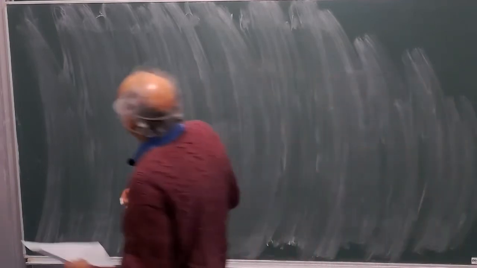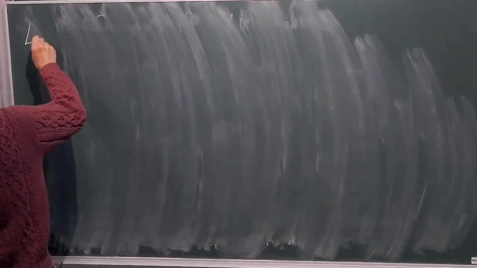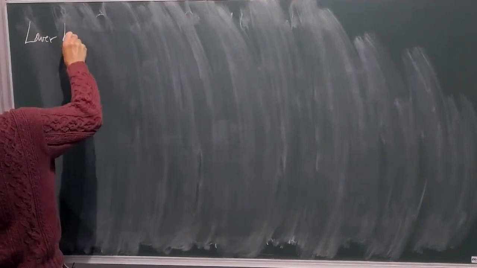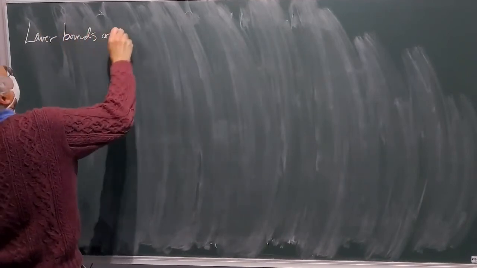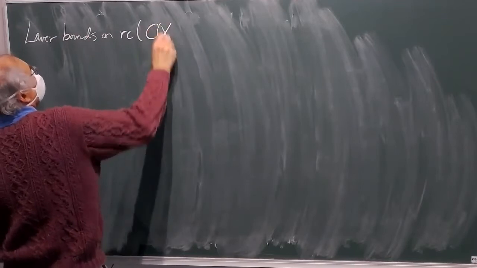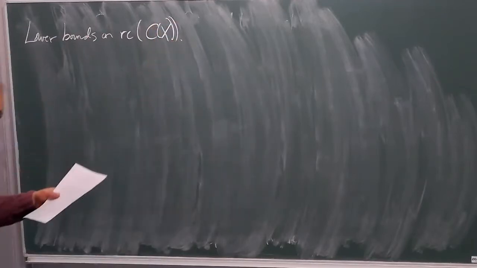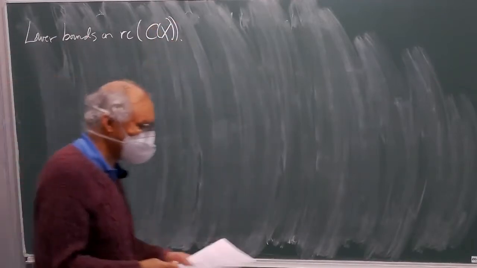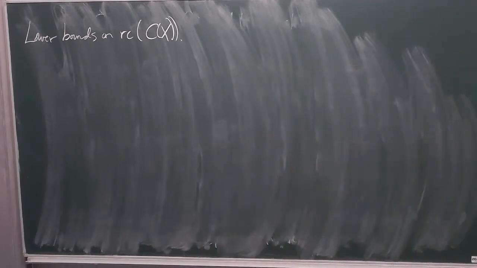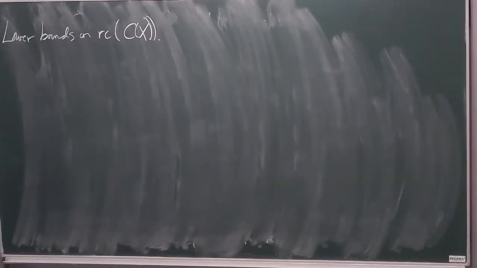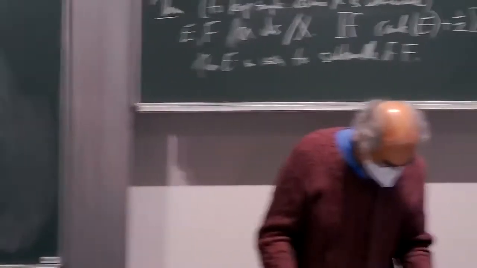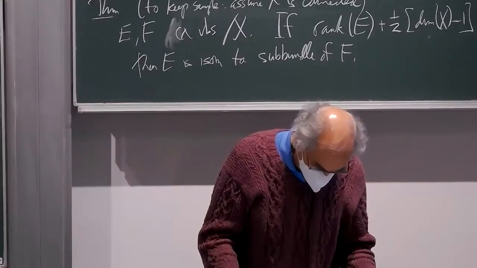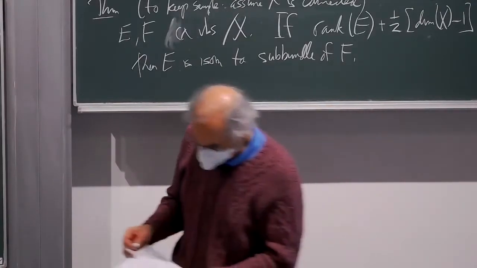So lower bounds are RC of C of X. I should put up the result first, but then I want to give some indication of what goes into the proof. So this is a result of, I wrote it further down here. Oh, no, yeah, it's here.